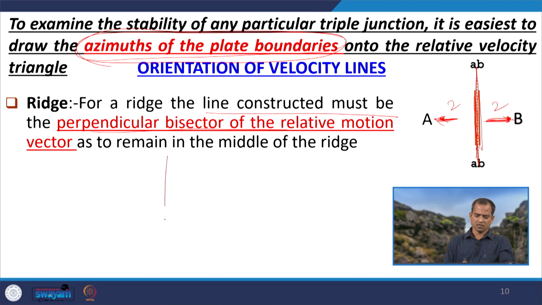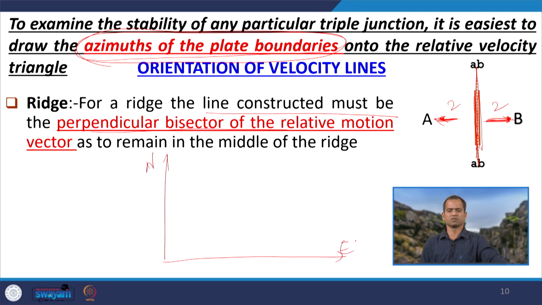Now I am talking about the north and east quadrant. Here this is the relative velocity, for example 4 centimeter, and this is the orientation of this plate boundary. Suppose this is A and this is B, and the orientation of this plate boundary here should be the perpendicular bisector.